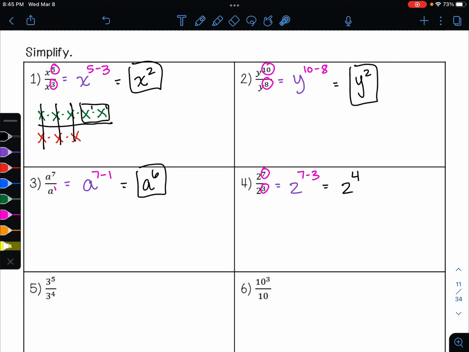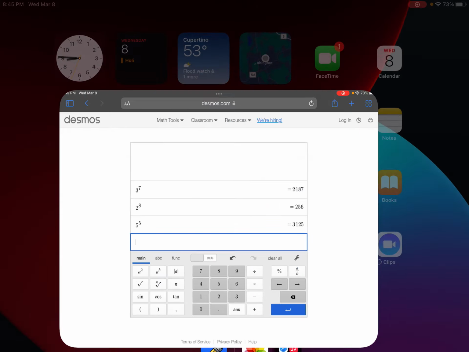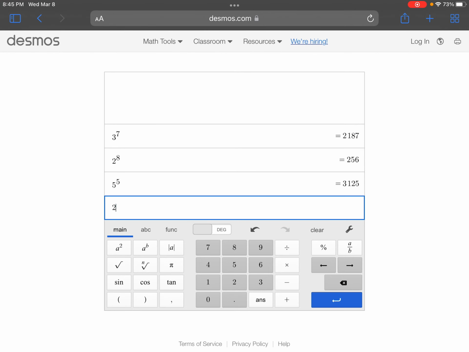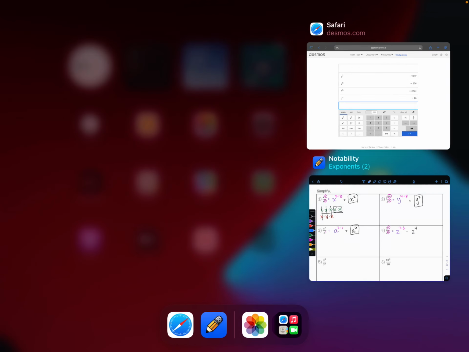Now, on these first 3 examples, my bases were variables, so those are my final answers. On this one, my base is a number. So when your base is a number, you can calculate that. And so I'm just going to open up Desmos here and do 2 raised to the 4th power and get 16.